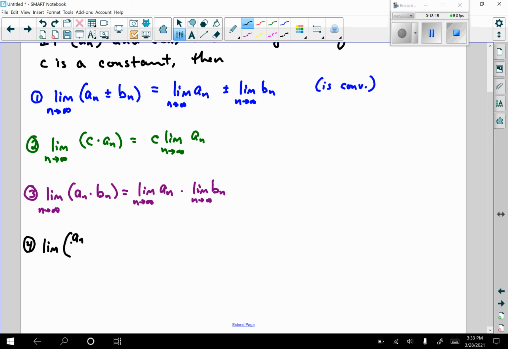So the limit of a sub n over b sub n as n approaches infinity is equal to the limit of a sub n as n approaches infinity over the limit of b sub n as n approaches infinity, if the limit of b sub n as n approaches infinity does not equal 0.